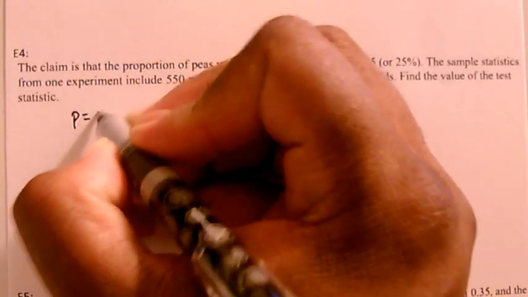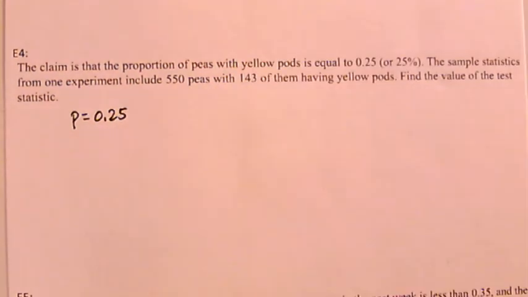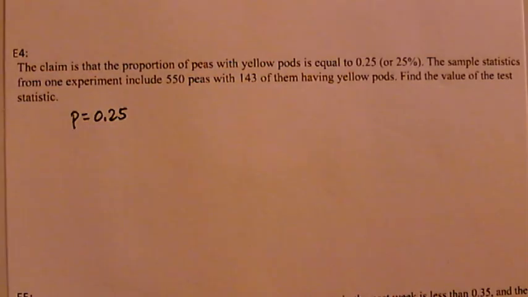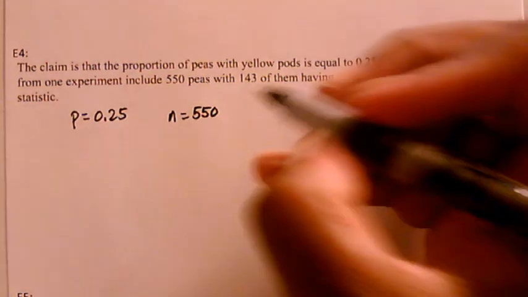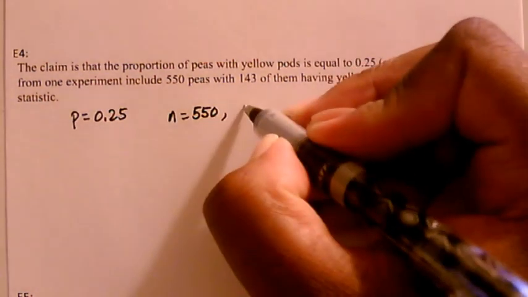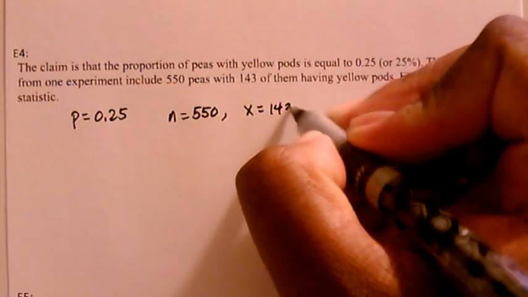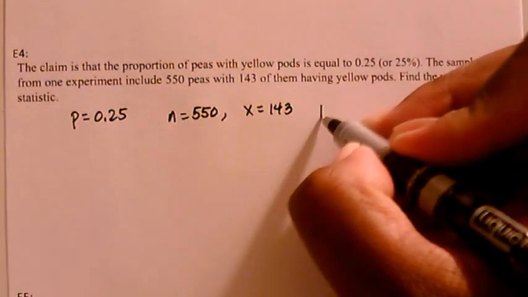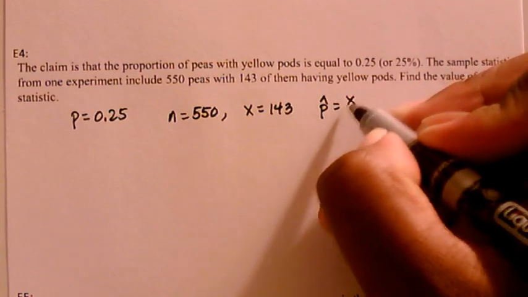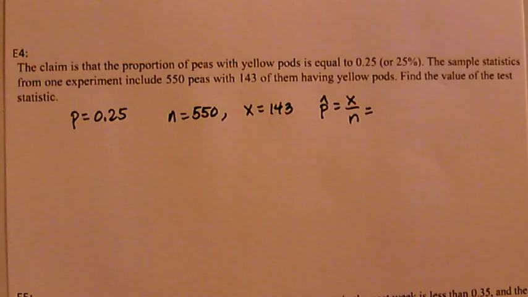So in this case, our lowercase p is 0.25. The sample statistics from one experiment include 550 peas, that's your n, with 143 of them having yellow pods. So x, the number of successes, is 143. Which means, to find p hat, we take x and divide that by n. X is the number of successes, n is the sample size.